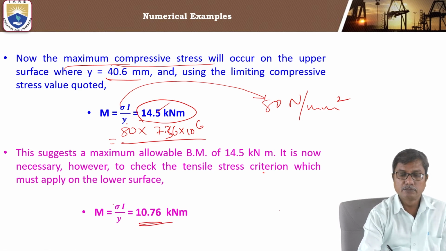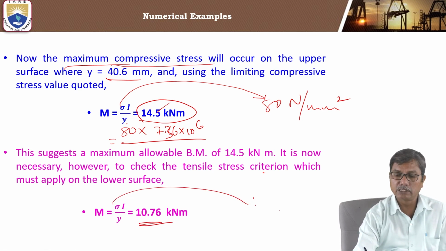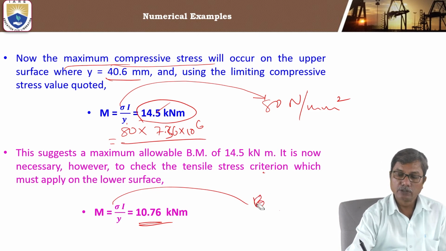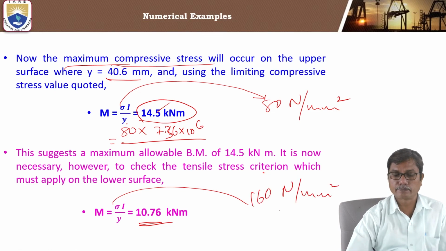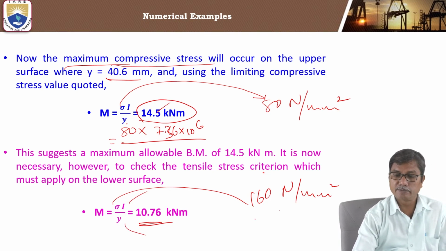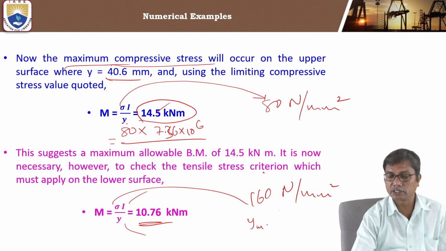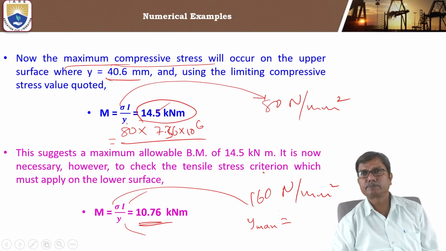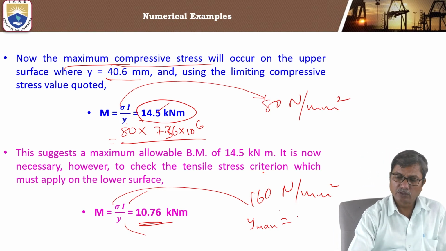Sigma maximum in tension is 160 meganewton per meter square or Newton per mm square. I is the same, and Y maximum is the extreme fiber distance in tension. What is the extreme fiber distance in tension? 109.4.